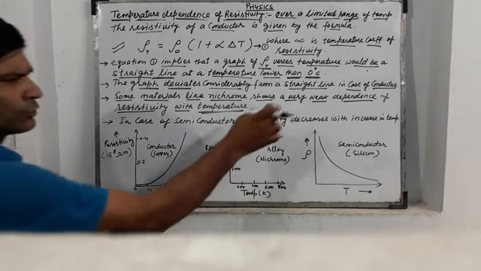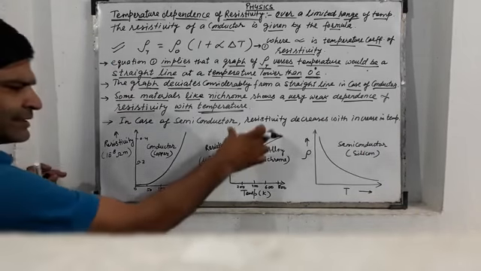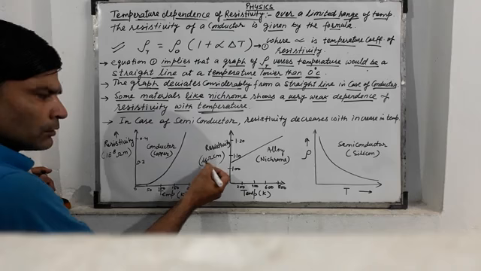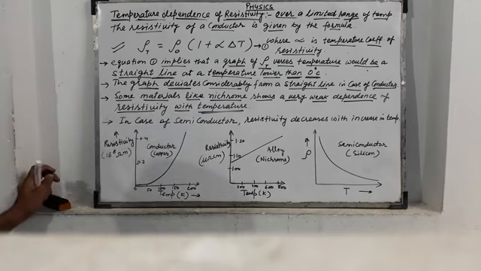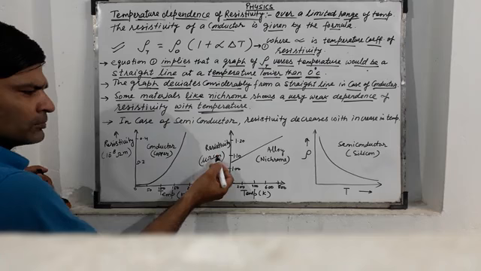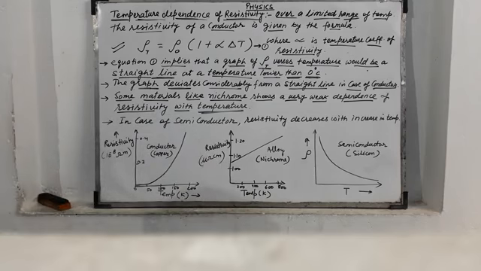This is represented by this graph, with resistivity in micro ohm centimeter and temperature in Kelvin.